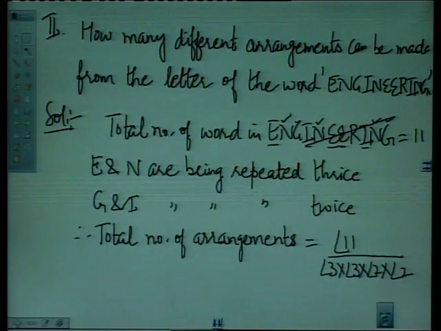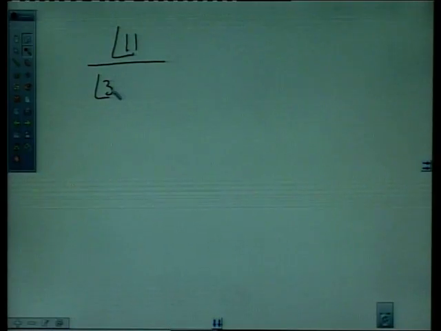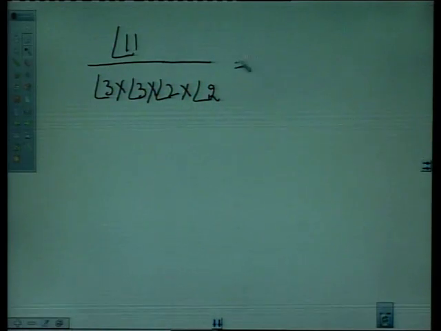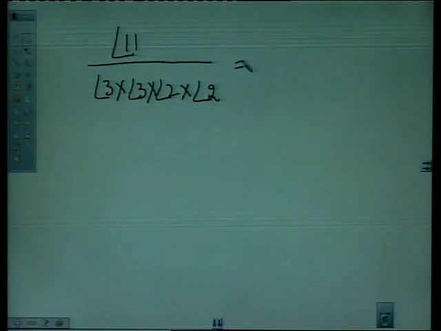Now, how to solve this? We have 11 factorial over 3 factorial into 3 factorial into 2 factorial into 2 factorial. What we do? We expand 11 factorial in terms of 3 factorial.